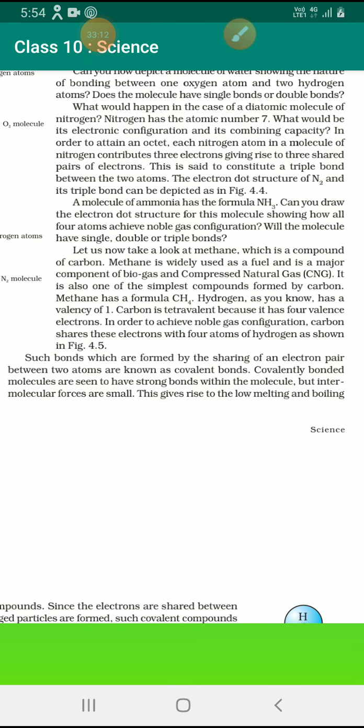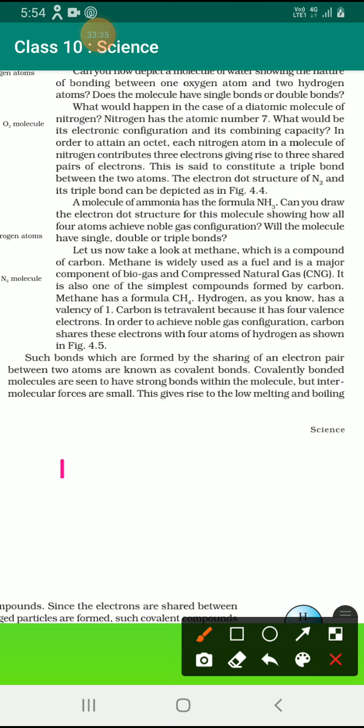A molecule of ammonia has the formula NH3. Can you draw the electronic structure of this molecule showing how all the 4 atoms achieve the noble gas configuration? NH3 means N is 7 and H is 1.